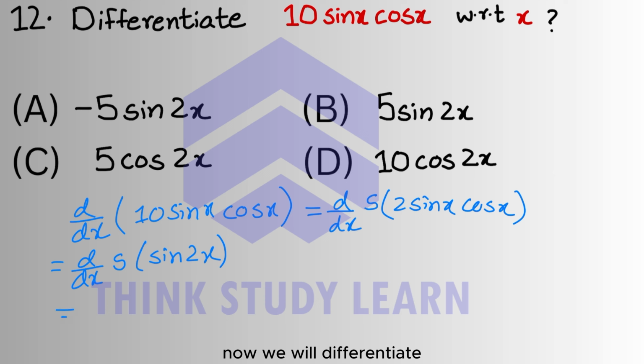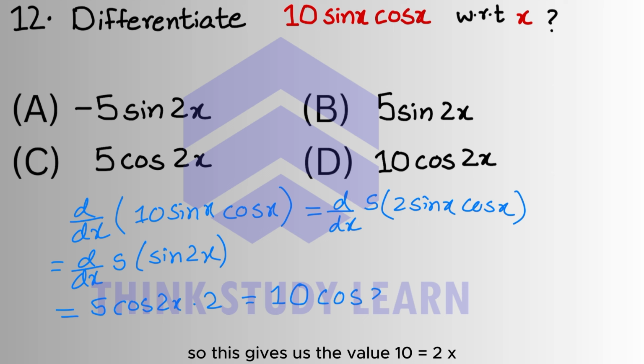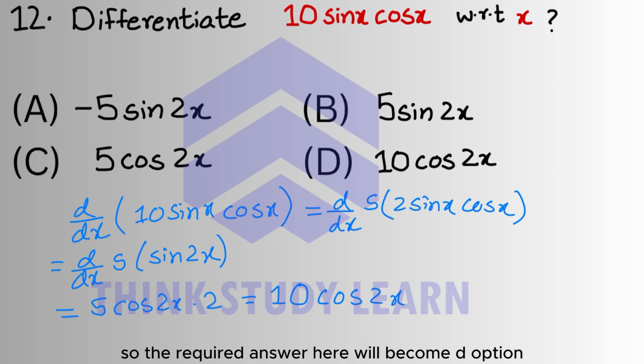Now we will differentiate, which gives us cos 2x into 2. So this gives us the value 5 cos 2x. So the required answer here will be D option.